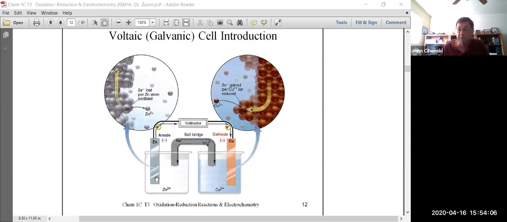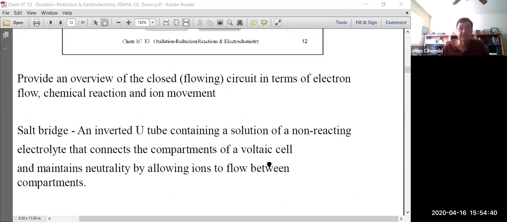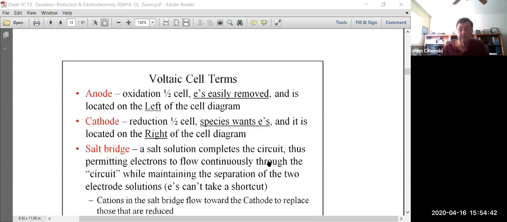And as long as we build the battery right, this will give us a continuous flow until we either run out of zinc metal that we can oxidize, or copper 2+ that we can reduce, okay? That's what we're trying to do. We want to have some way to have the electrons go here and do what we want them to, okay? So that's going to be the purpose of this particular topic.